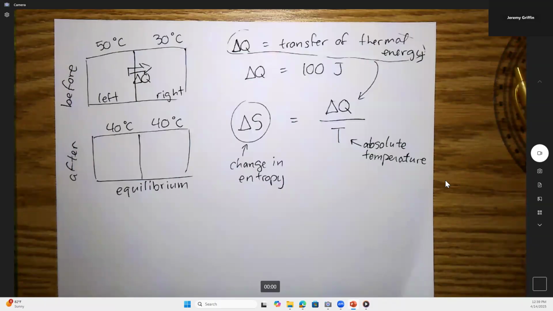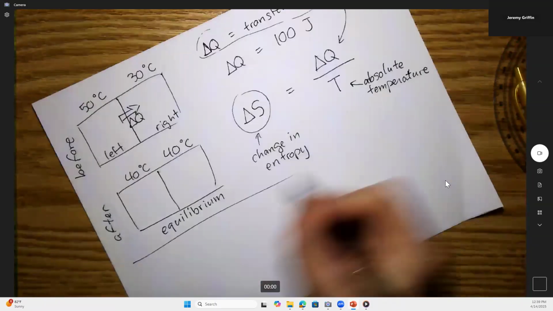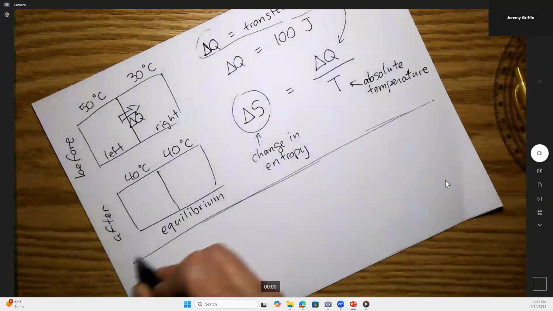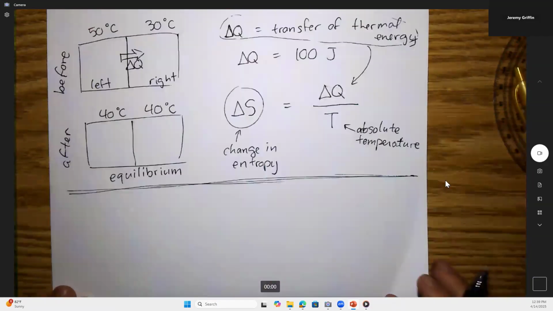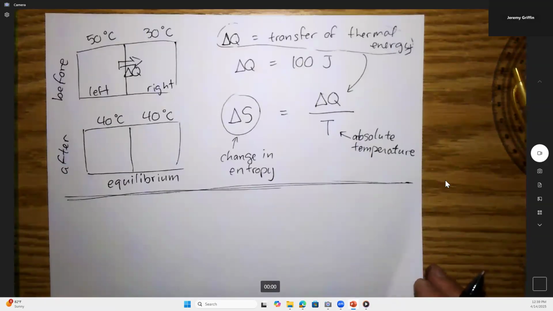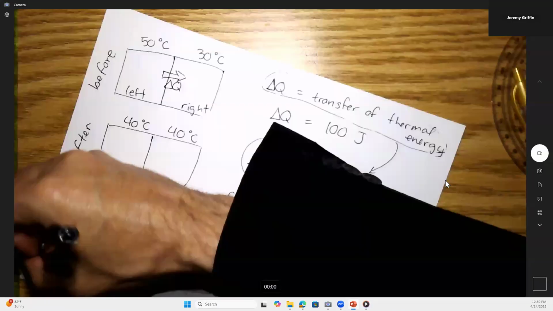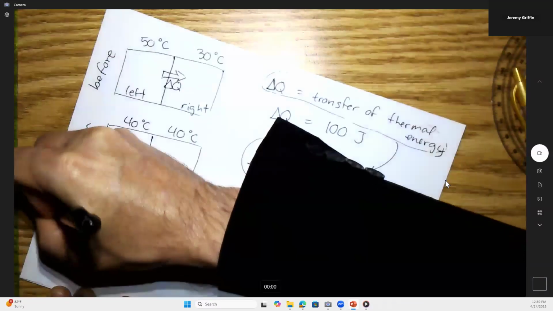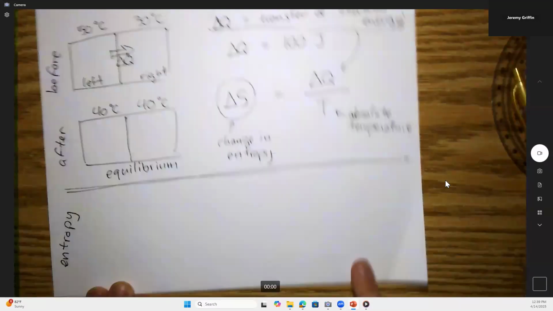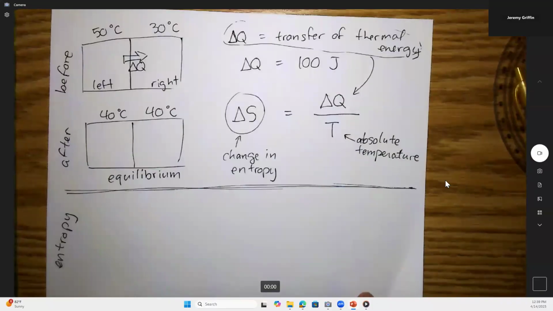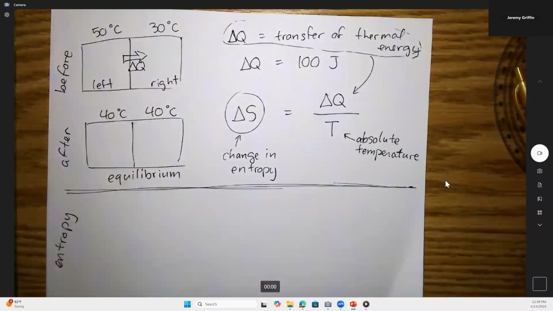Okay. All right. So let's say I've got some space at the bottom of this page. I can fit this all on this one page of paper. So I'm going to do that. Okay. Let's solve that right there. I want to know what happens in terms of entropy. So what happens in terms of entropy? Okay. So I'm going to do this for each individual box.